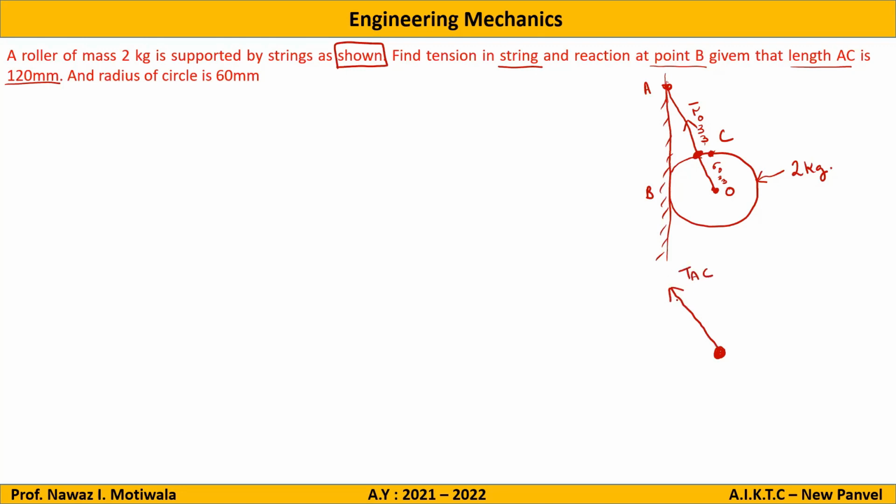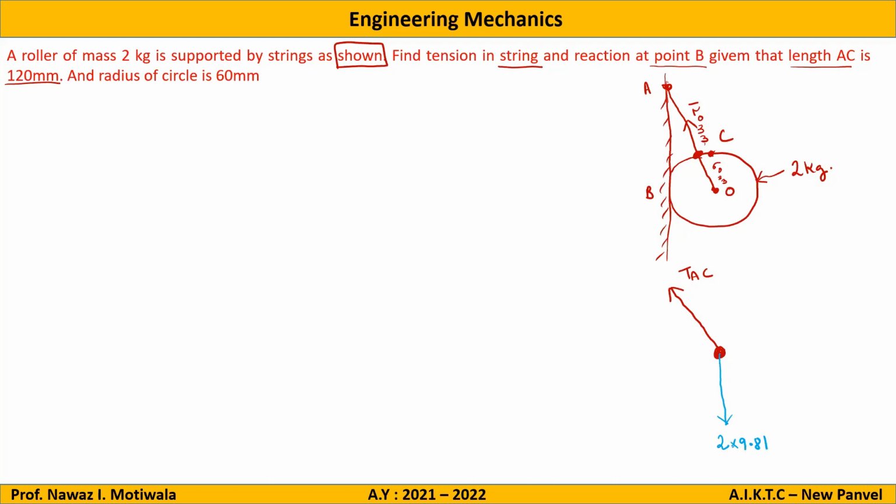What is the next force which we show? Self weight. Students make mistake here. Please look at this. Self weight. So should I write only 2 here? 2 into 9.81, because we need weight, we don't need mass.